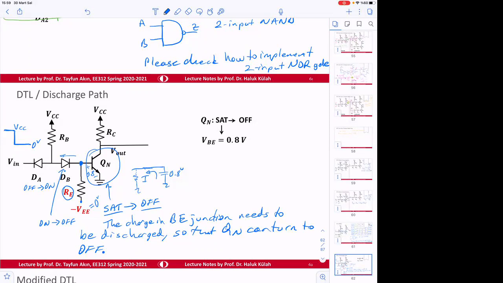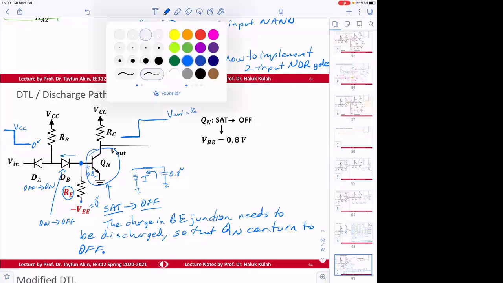And this way, when the input voltage goes from high to low, the transistor is going to be turned off, so the output is going to go from low to high, Vout going to VCC.